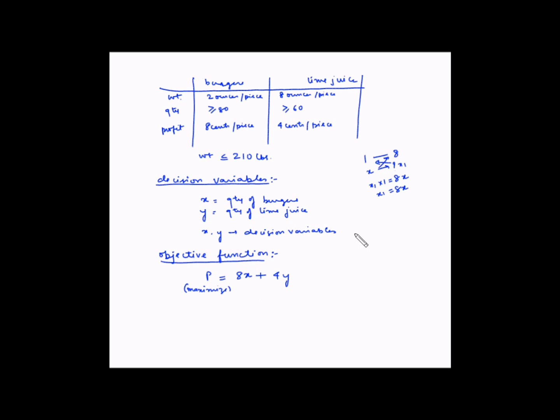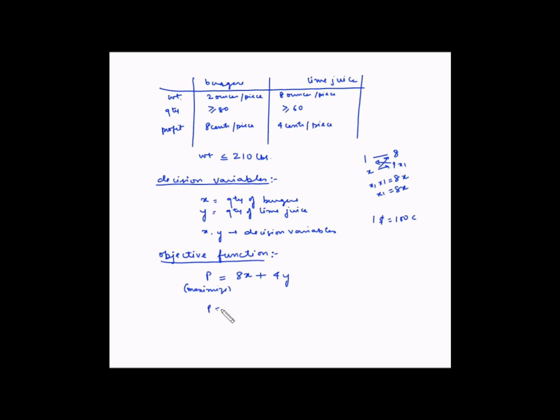Now this profit is in terms of cents, and say $1 is equal to 100 cents. So let's convert this objective function in terms of dollars. If we divide each of these numbers by 100, we'll get it in terms of dollars.